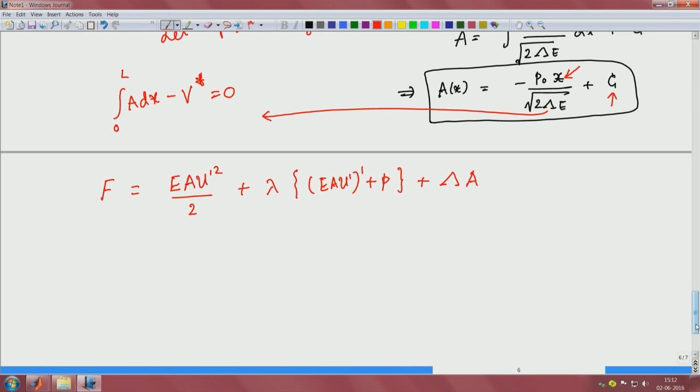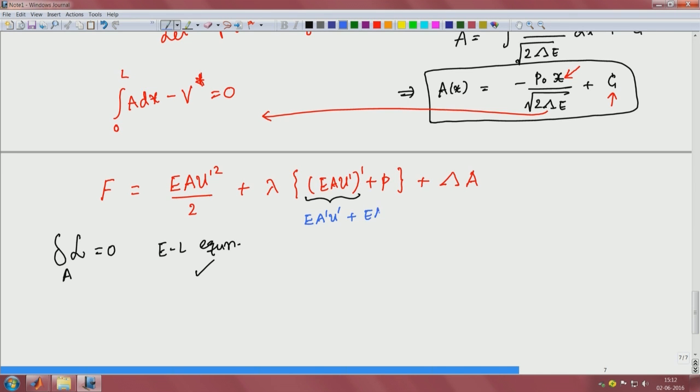Now, in order to write the boundary conditions, when you take the variation of the Lagrangian with respect to A equal to 0, we had the Euler-Lagrange equation, which we call the design equation, that is done. The boundary condition, in this case, contains, again we have to expand this. Let me do that. This will be E A prime u prime plus E A u double prime. So, we have A and A prime, both terms are there.